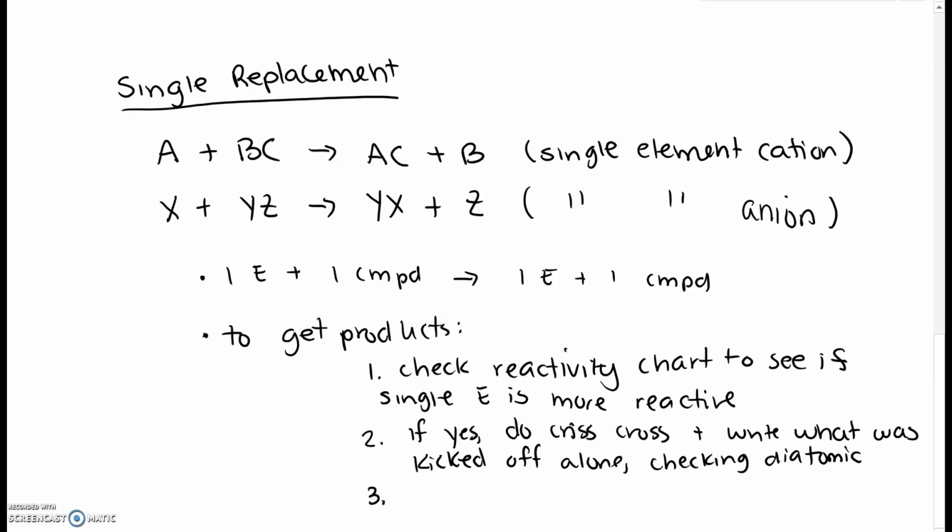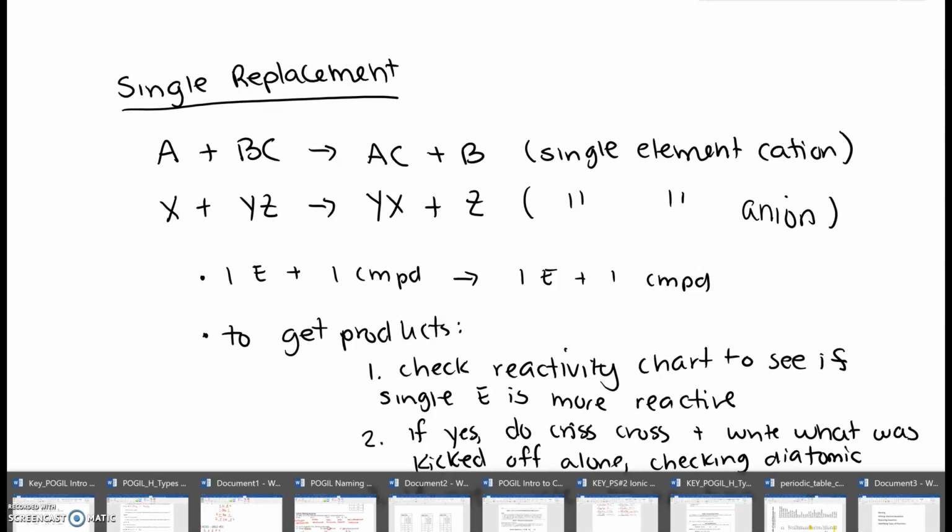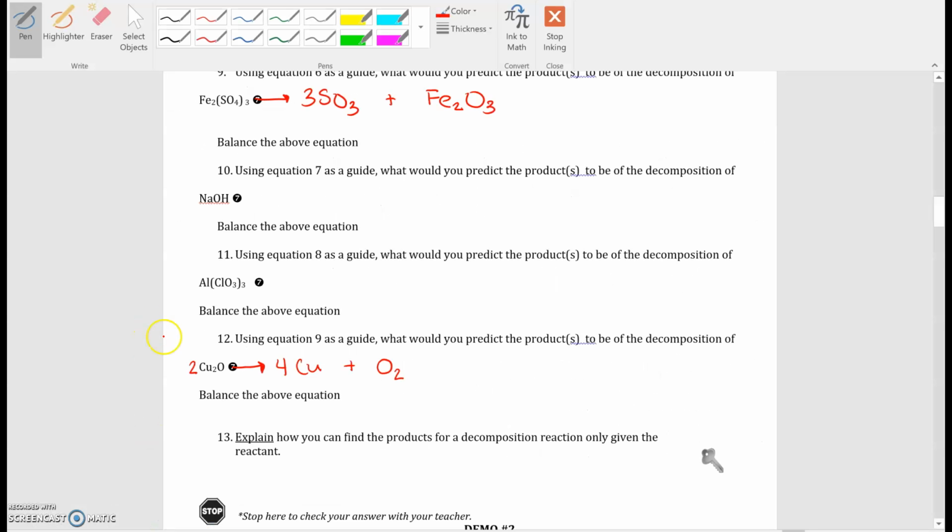And then what you'll do if the single element is not more reactive, you're just going to write no reaction, because that's possible. Okay, so let's look at the single replacement in your POGIL.